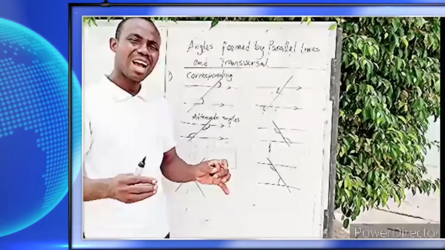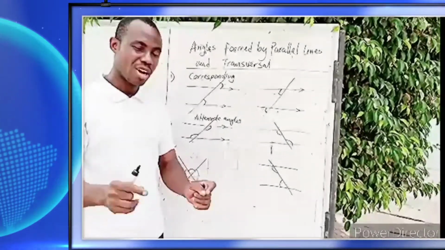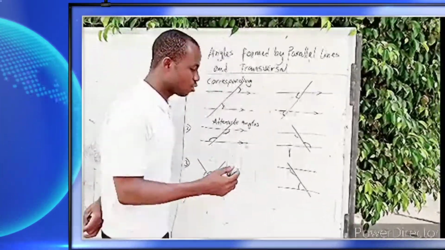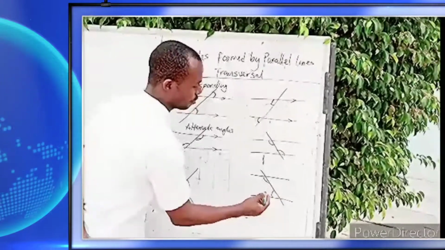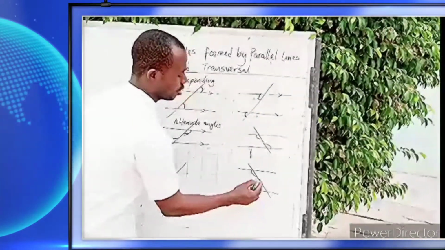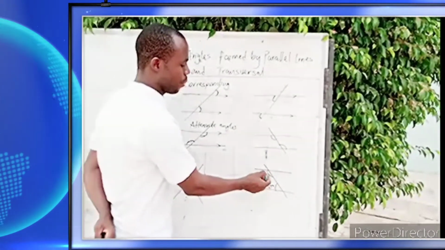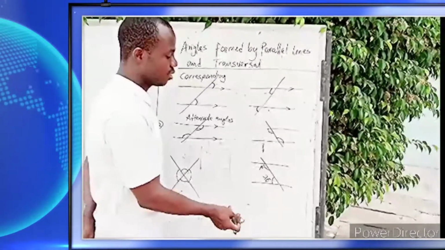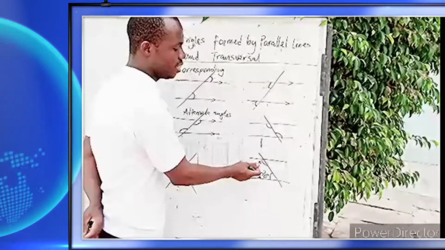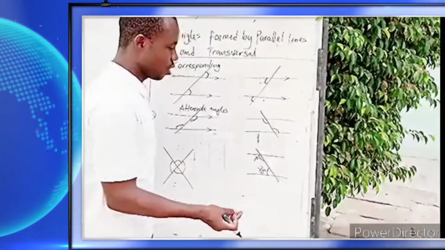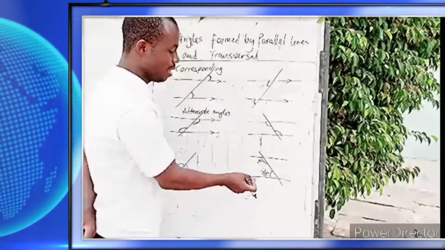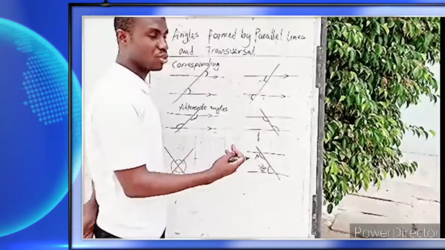Supplementary angles add up together to give you 180 degrees. So, assuming here is given as, let's say, 70 degrees, and this is unknown, they can ask you what is the value of P. In getting this, since this and this are co-interior, they are supplementary to each other. It means if you subtract 70 from 180, you are going to get P.